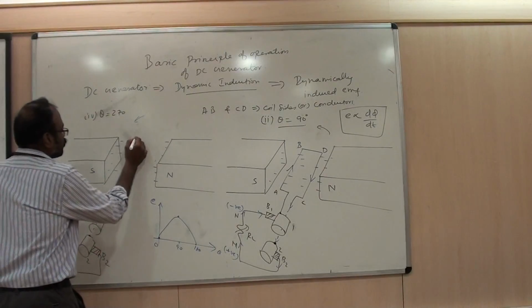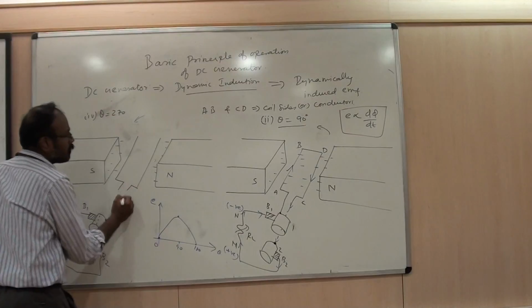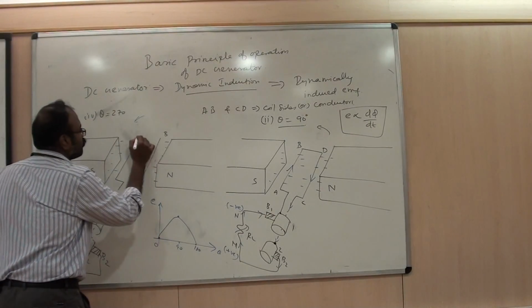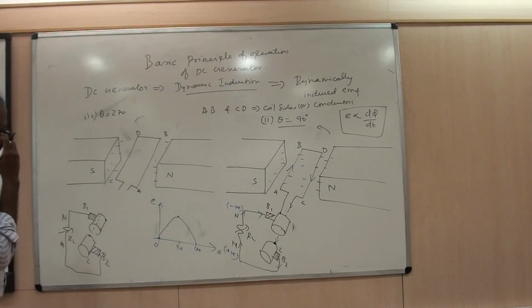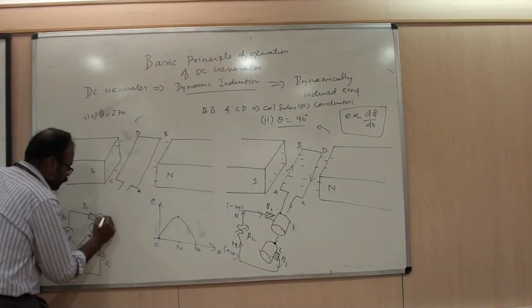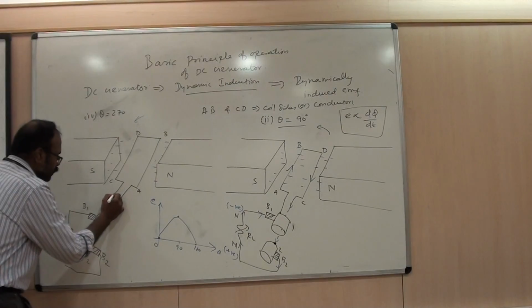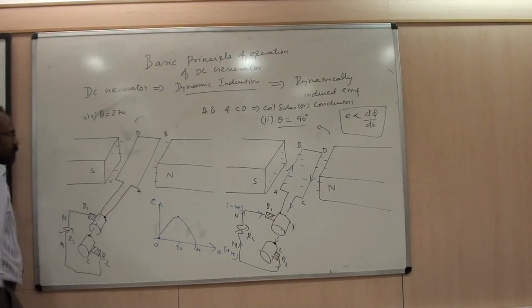The coil will be like this. Now AB will be on this side, under the influence of the North Pole, and CD will be under the influence of the South Pole. But as already fixed, there is no change in the connectivity between the conductors and the slip rings.